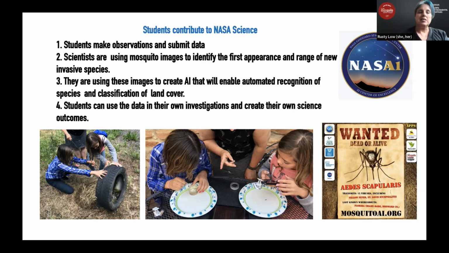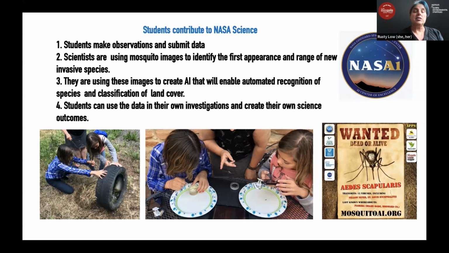The second thing is, remember, you need all the images that we have and how much we need. Well, if you want to develop artificial intelligence, if you wanted to train algorithms in order to do automatic recognition of species or classification of land cover, you need tons and tons. I mean, you need tens of thousands of photographs and images to train that algorithm.